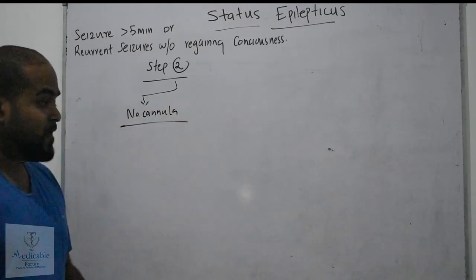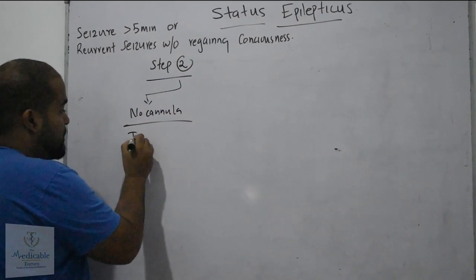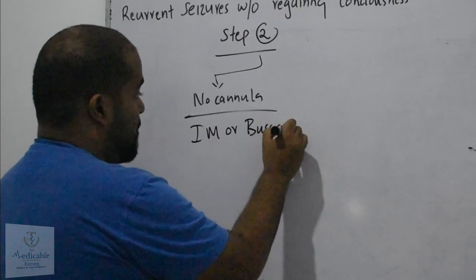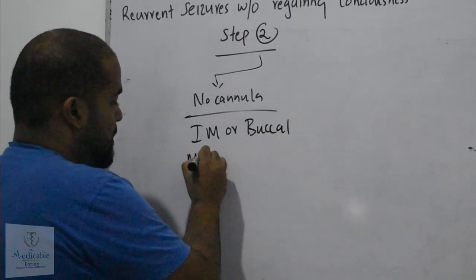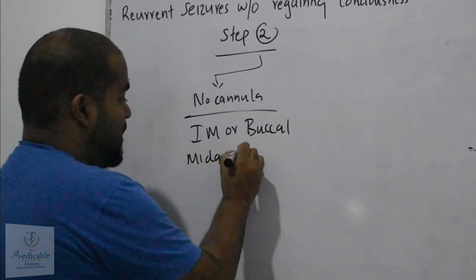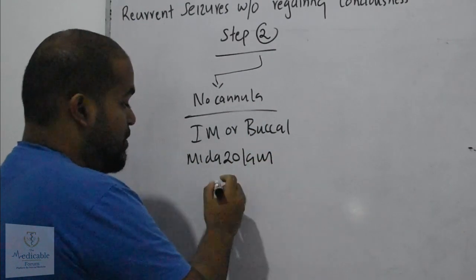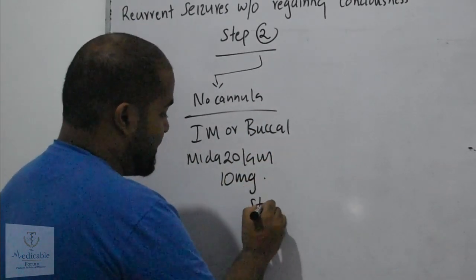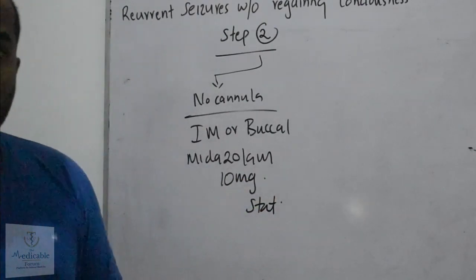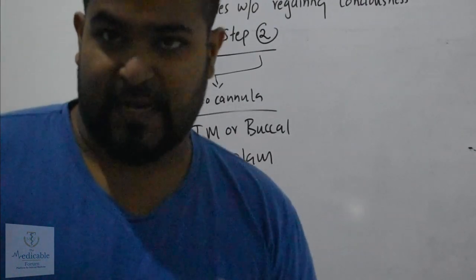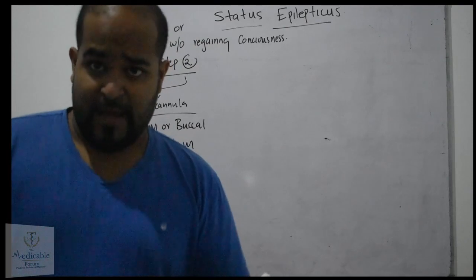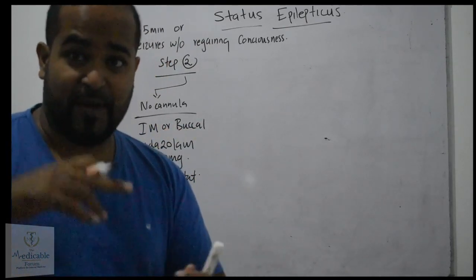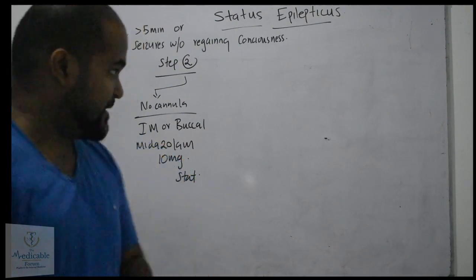If there is no cannula, you can use IM or buccal midazolam, 10 milligrams stat. So you have to use it and you have to wait and see if it is settling. Meantime, try to get IV access.